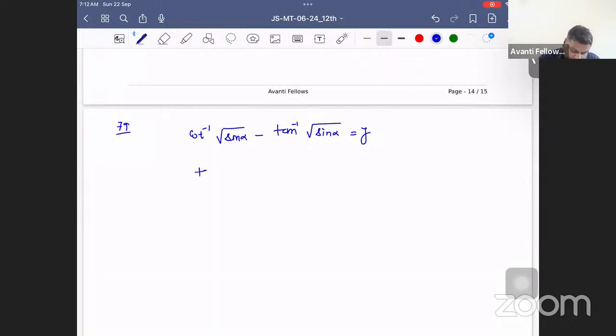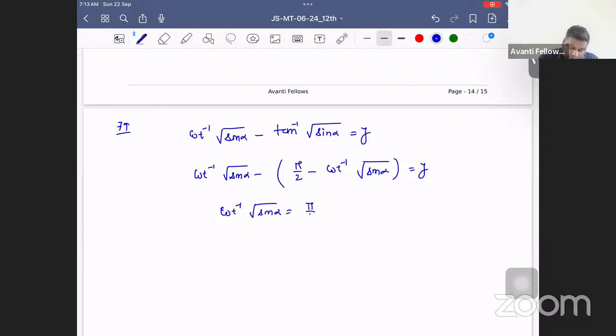I can replace tan inverse by pi by 2 minus cot inverse of root sine alpha, equal to y. So with this, you can say that cot inverse of root sine alpha is pi by 4 plus y upon 2. Got it?